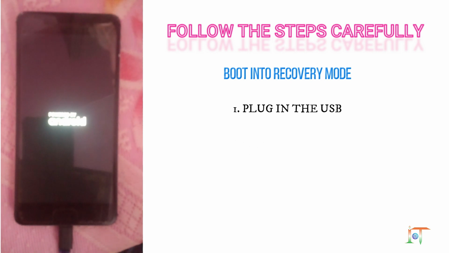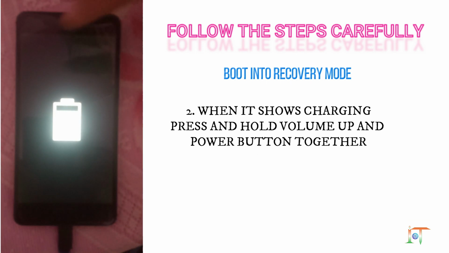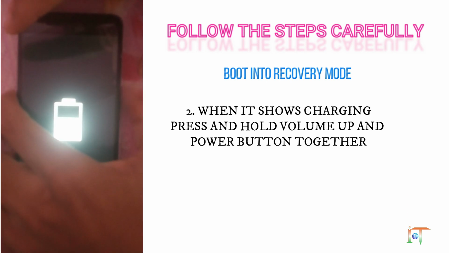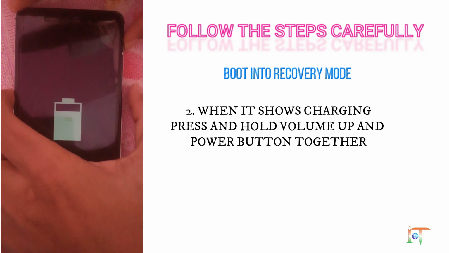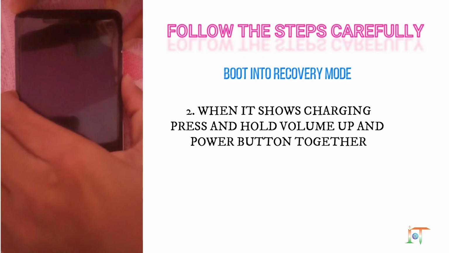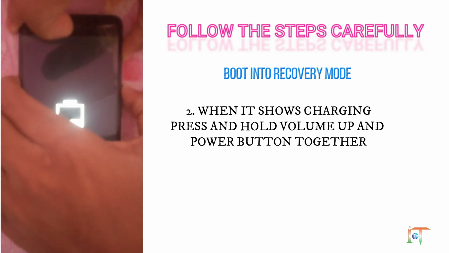You can see that the Android logo has appeared, and let the charging appear. You can see that it is now showing charging. When it shows charging, press and hold volume up and power button together.